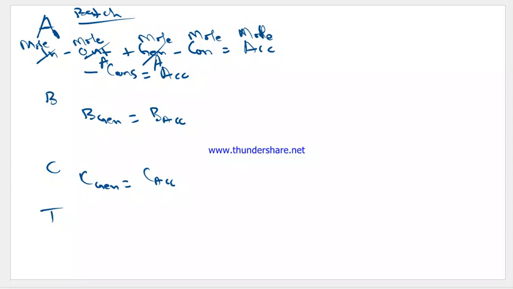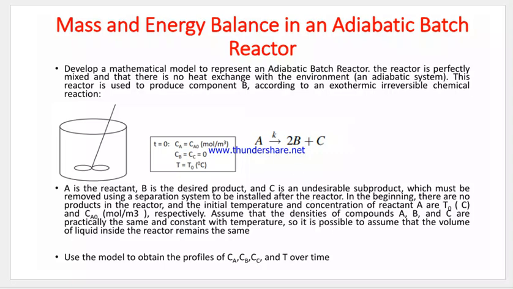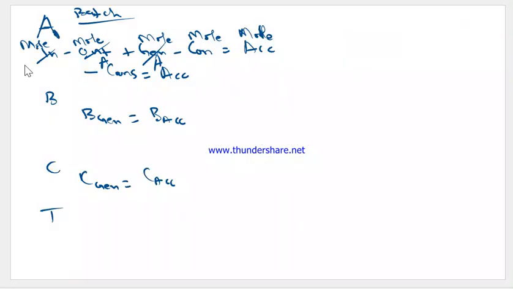So for A, what is the consumption? It is consumed by reaction. So we have to use the rate of reaction. As I said earlier, rate of reaction is equal to kCa, which gives us mole per meter cube per second.